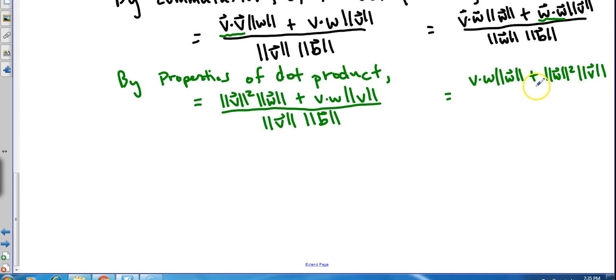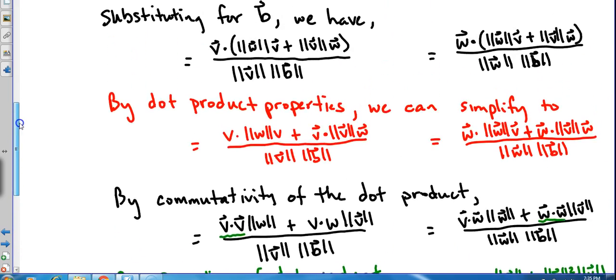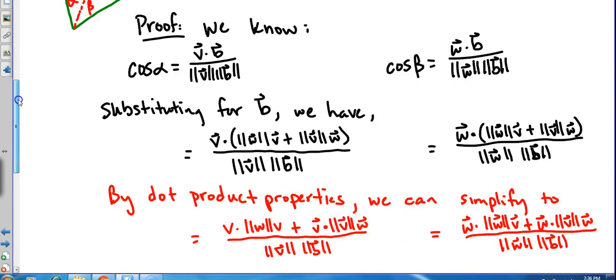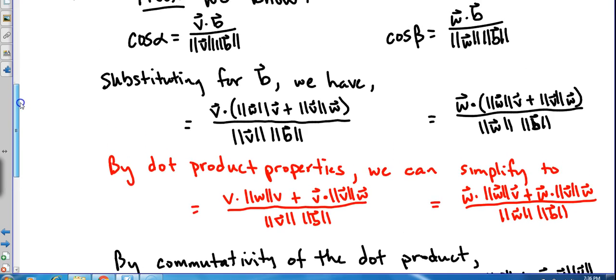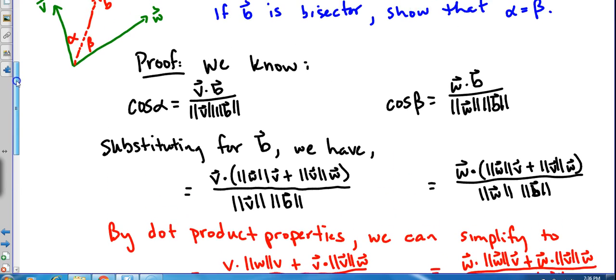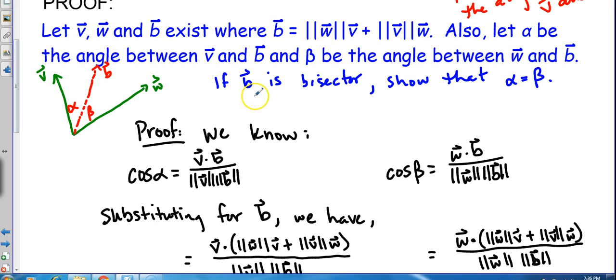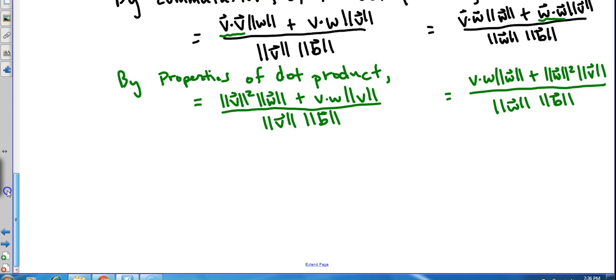So really we're just simplifying. We have the magnitude of v times the magnitude of w plus v dot w over the magnitude of b. So that's what the cosine of alpha is equal to.